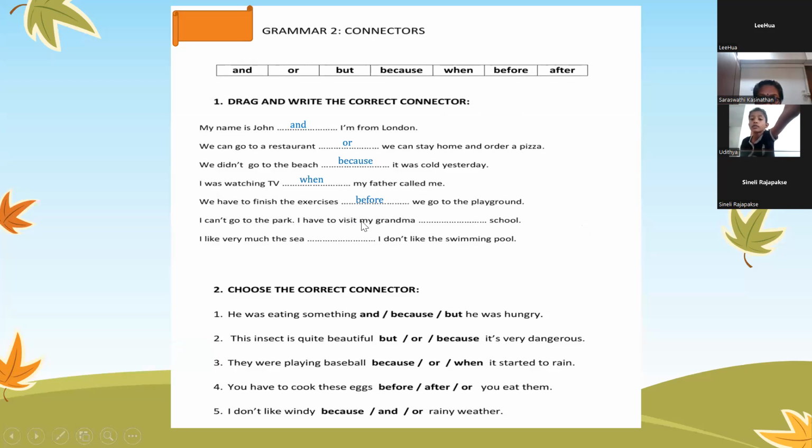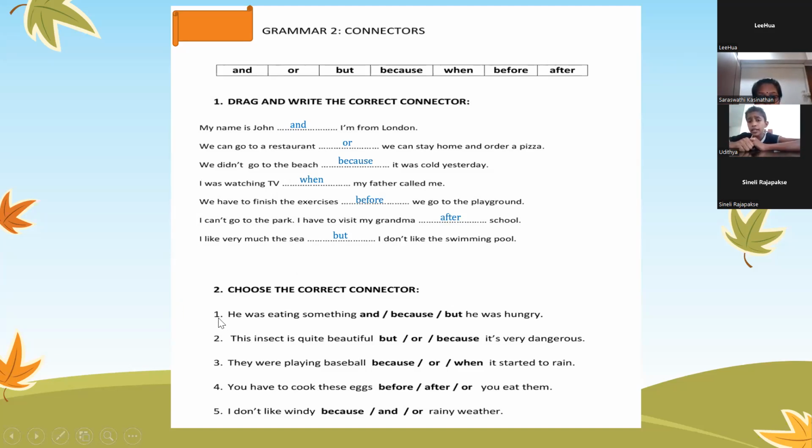I have to visit my grandma after school. Very good. Well done. Next. I like the sea, but I don't like the swimming pool. Yes, I like the sea very much, but I don't like the swimming pool.